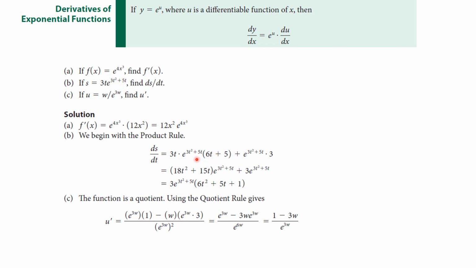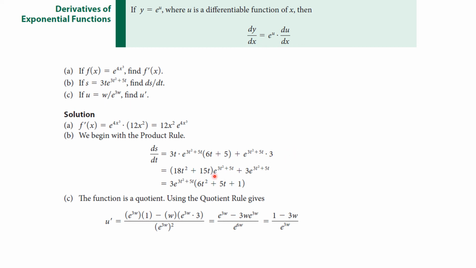Following the exponential rule, e to the power 3t squared plus 5t as it is, then times the derivative of 3t squared plus 5t, which is 6t plus 5, then plus 3, the constant, times the derivative of the first function, which is 1, and the second function e to the power 3t squared plus 5t.